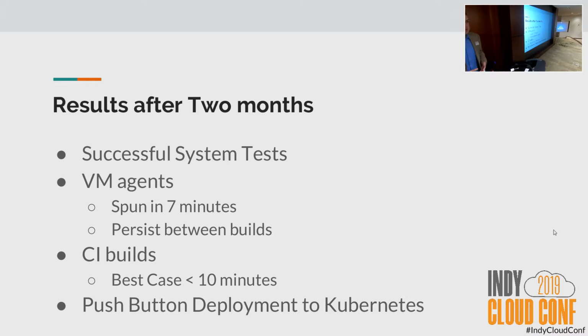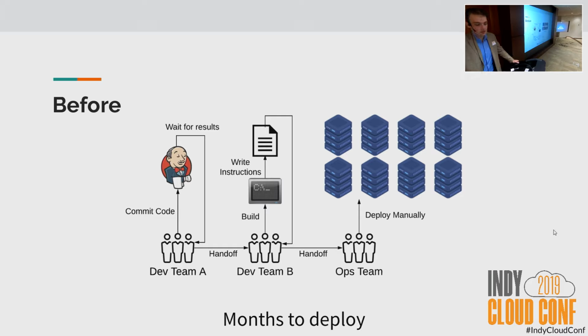So after 2 months, we had successful system tests, VM agents in the cloud to build our code. Our CI builds were fast. They weren't as fast as they were on bare metal, but they were also accessible by the whole team, and we had push-button deployment to Kubernetes. Before, the process involved took months to get things deployed.